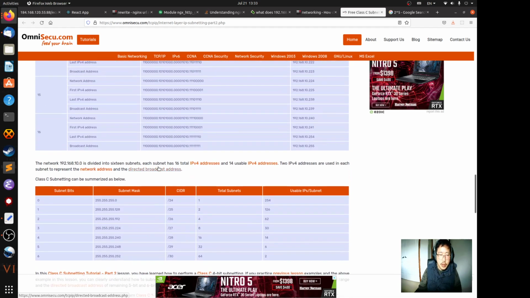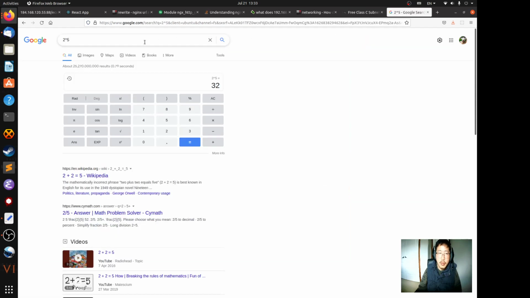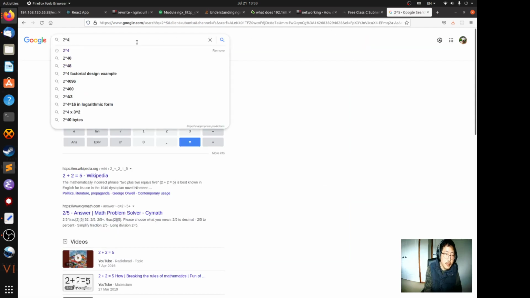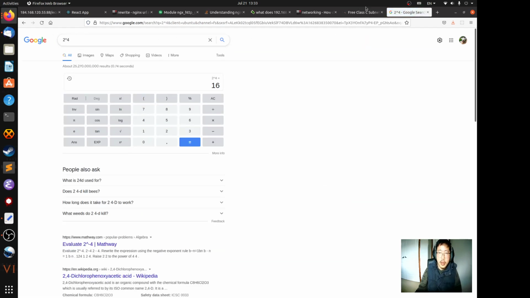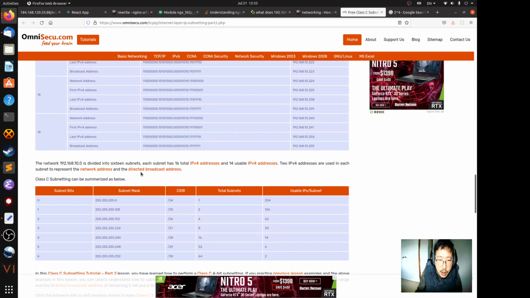It says the network 192.168.10.0 is divided into 16 subnets, which is 2 to the power of 4, because we borrowed 4 bits, and each subnet has 16 total possible IP addresses, because 2 to the power of 4 is 16. How do we know that? We got 4 bits reserved for host now. These 4 are for the different networks, right?